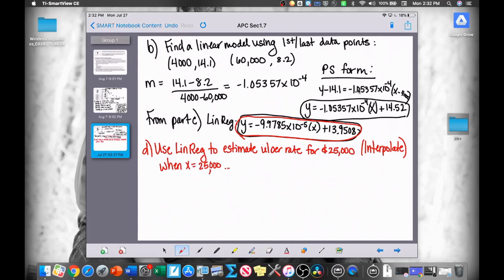we get y is equal to negative 9.9785 times 10 to the negative fifth times 25,000 plus 13.9508. Again, you grab your calculator, you have your calculator do the math for you, and you end up with y equals 11.5%.